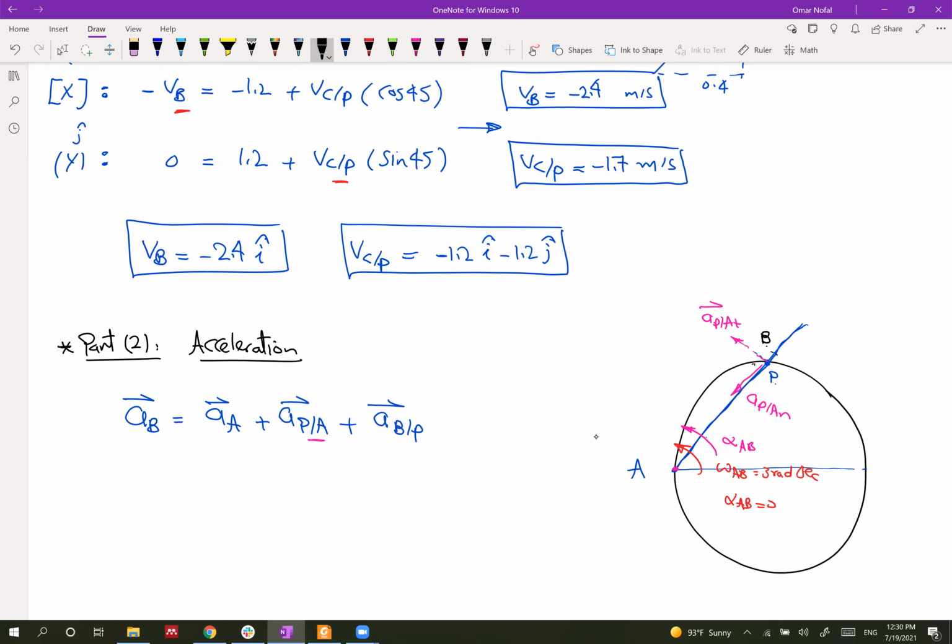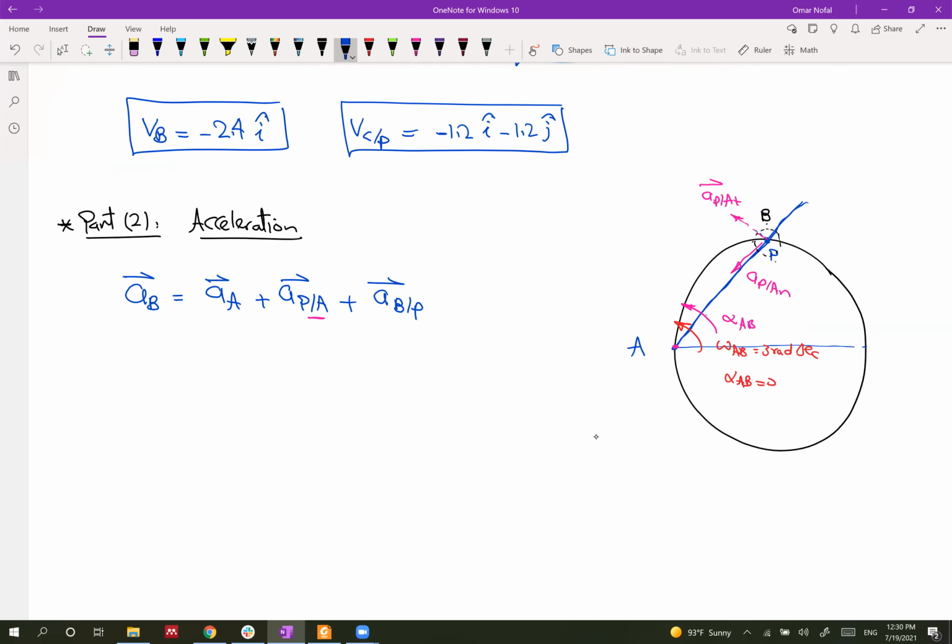So let's focus, make a close-up view on this point. We have a bar here, and this bar has a point P at this location, and it intersects with it. Let's assume that there is a separation between them.